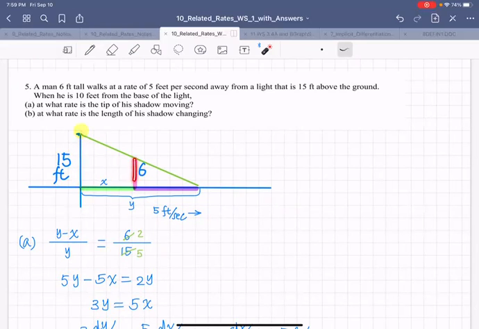When this pink guy moves to here, the tip of the shadow is here, okay? So basically, if we want to solve A, we are solving that guy's rate of change. Does this make sense to you, Olivia?